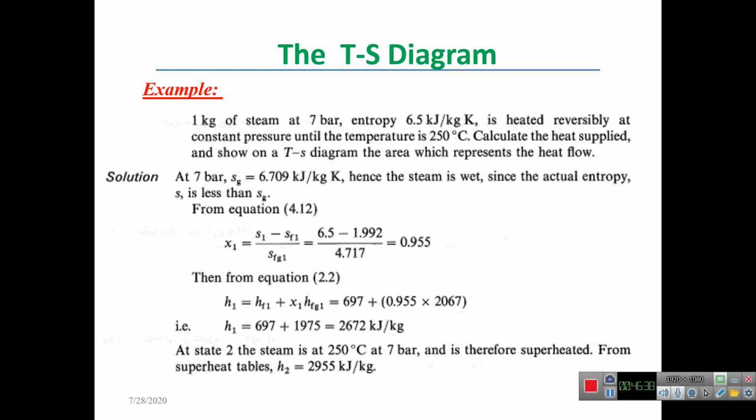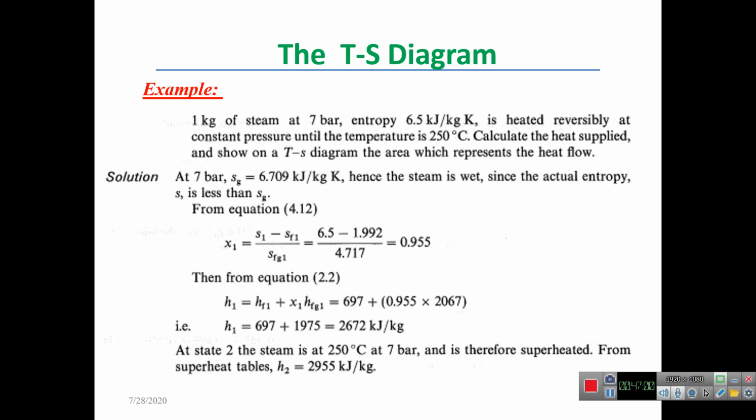So state 2 is in the superheat region. We have heated our steam from the wet region, it reached the dry saturated vapor line, and now it is in the superheated region.